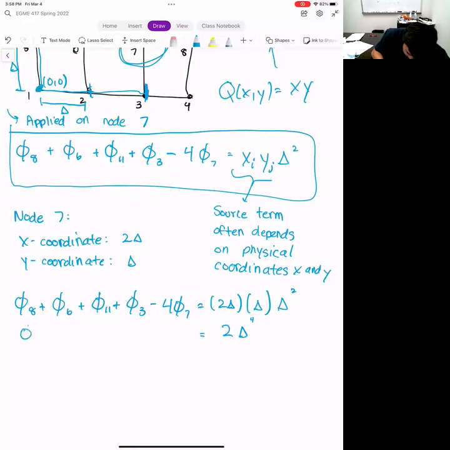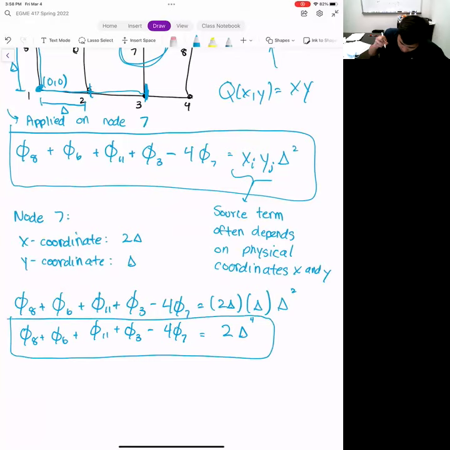Okay, so this is going to be phi 8 plus phi 6 plus phi 11 plus phi 3 minus 4 times phi 7. All right, and then depending on the value of the grid spacing, you can simplify this further.